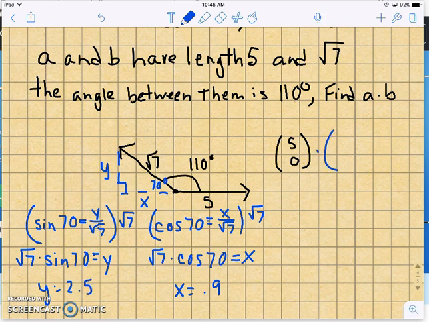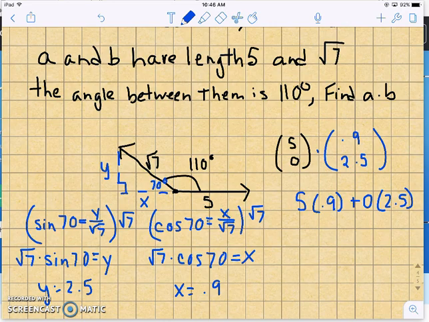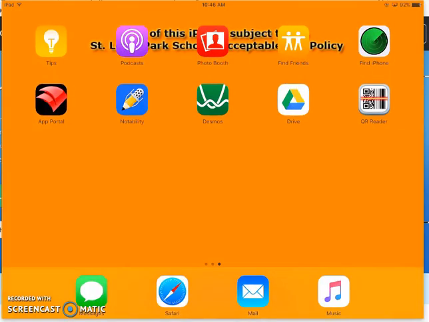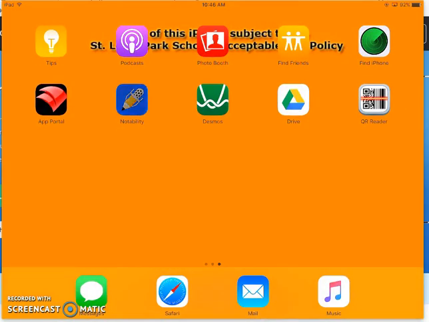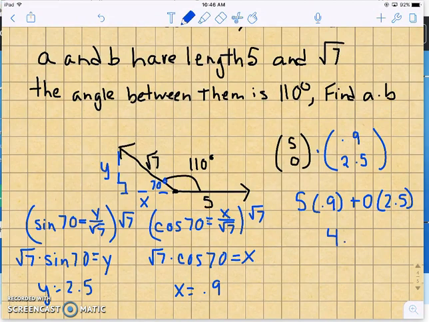So times x is 0.9, y is 2.5. So we have 5 times 0.9 plus 0 times 2.5. Well, 5 times 0.9, we got 4.5. Oh, we should have been able to do that. And there is our dot product.